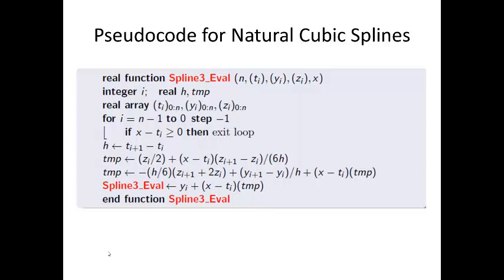The function Spline3_Eval can be used repeatedly with different values of x after one call to the procedure Spline3_Coef. For example, this would be the procedure when plotting a natural cubic spline curve. Since procedure Spline3_Coef stores the solution of the tridiagonal system corresponding to a particular spline function in the array, the arguments n, t sub i, y sub i, and z sub i must not be altered between repeated uses of Spline3_Eval.